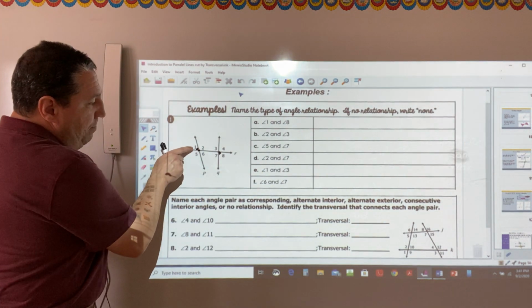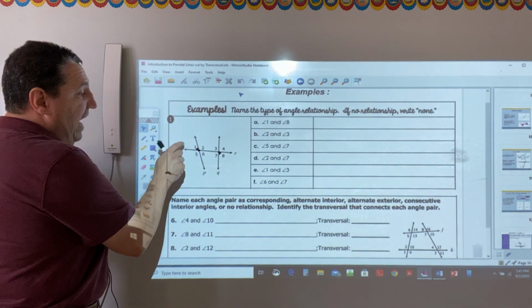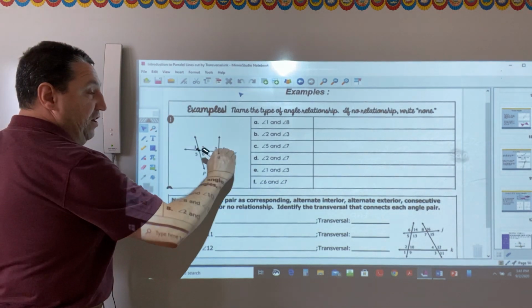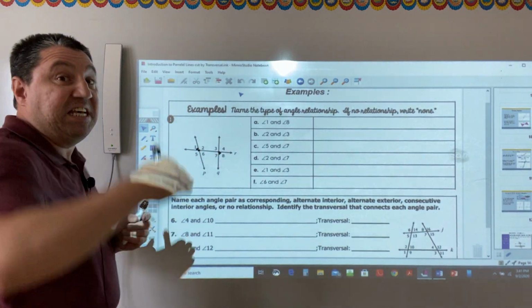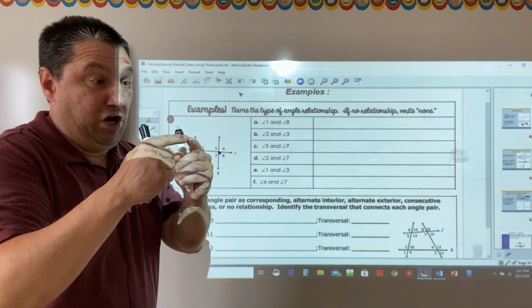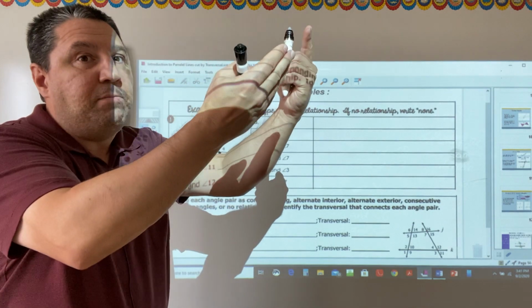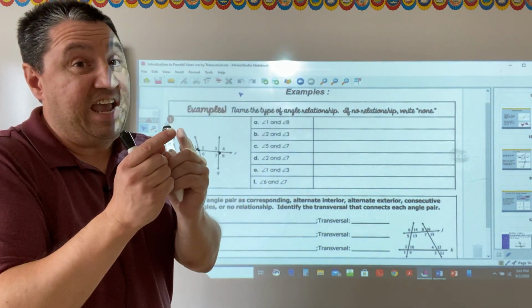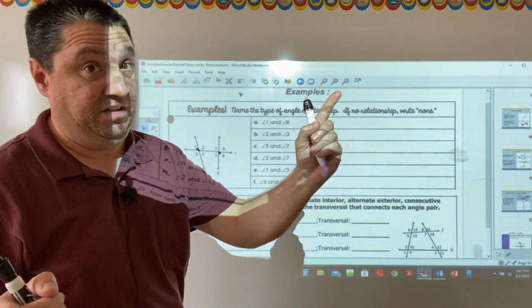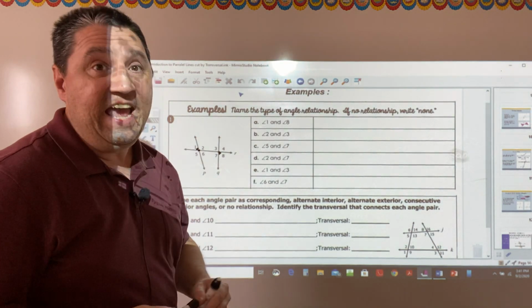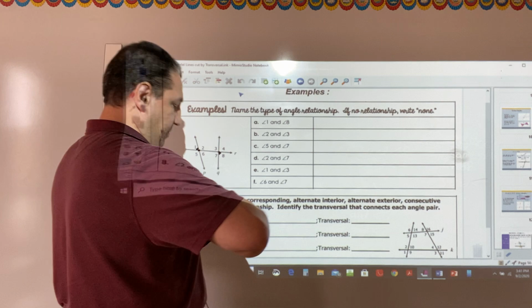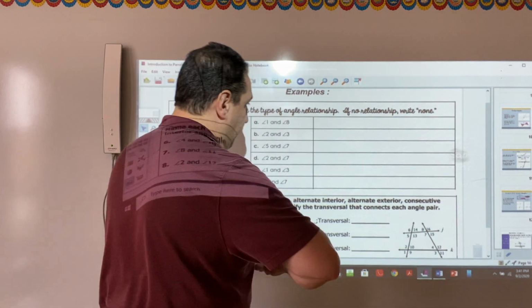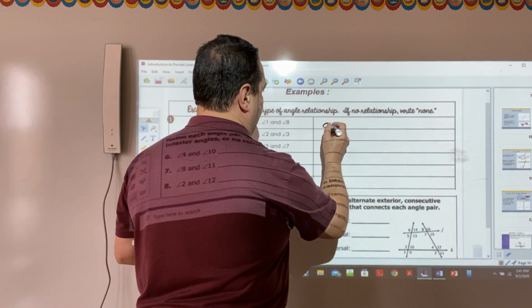As we can see, 1 is above the transversal, while 8 is below. So, they are not on the same side of the transversal, they are on opposite sides of the transversal. That's why they are called alternate. So, let's write alternate.